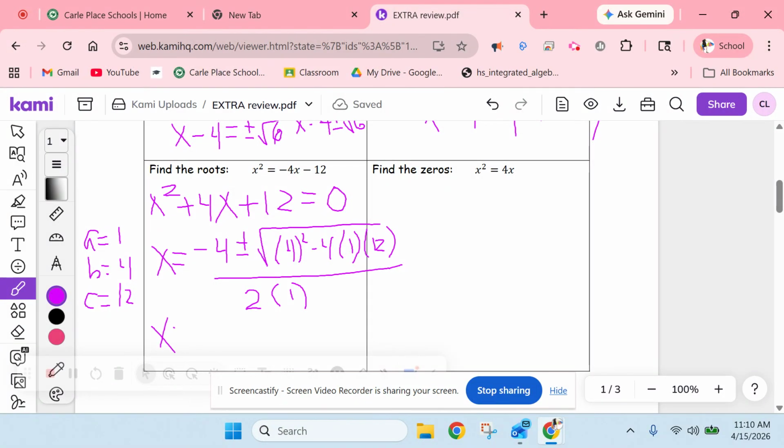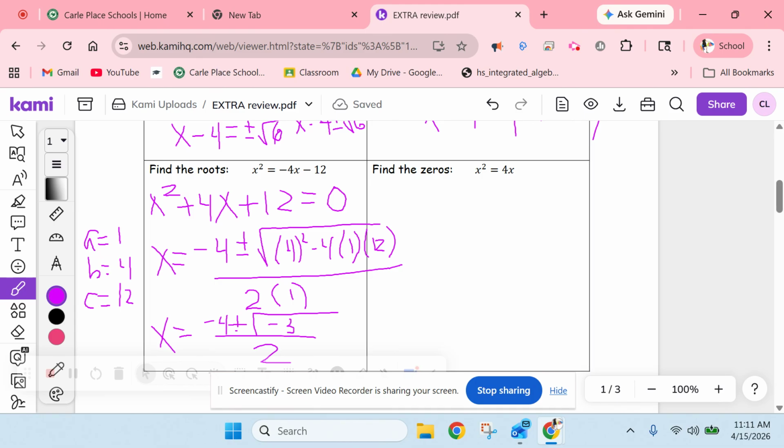So x is equal to negative 4 plus or minus the square root of, I'm grabbing my calculator, and that's over 2. All right, so I'm going to enter the discriminant without the radical sign. So I have 4 squared minus 4 times 1 times 12. That gives me negative 32.